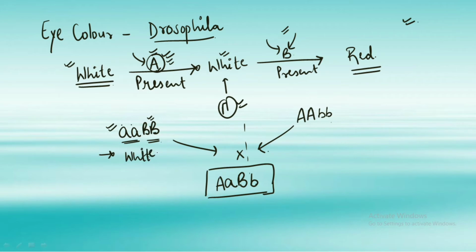Because we have just understood that B was able to convert the white-eyed Drosophila into red-eyed because of the initial reactions done by the gene A. Hence, we will have the white phenotype of this combination. And in this case also, we have the homozygous dominant for the gene A, but B is absent, hence red could not be possible. So we would have the white phenotype of this one also.